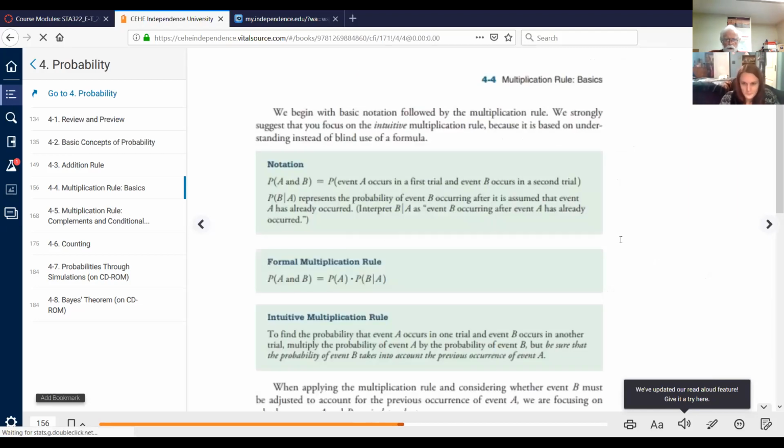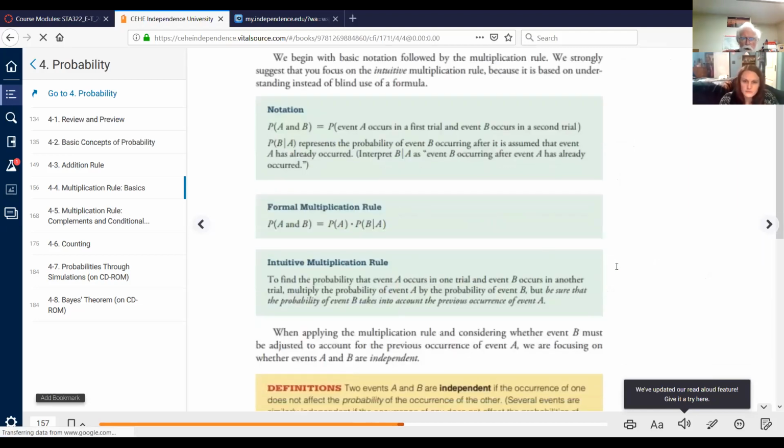But we're going to stay with our dice for a moment. If we look at the probability of A and B occurring, this does not mean we're looking here at multiple trials. We're talking about event A occurring in the first trial and B occurring in the second.